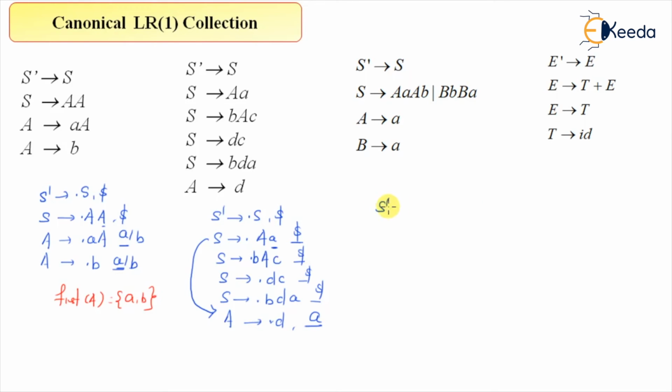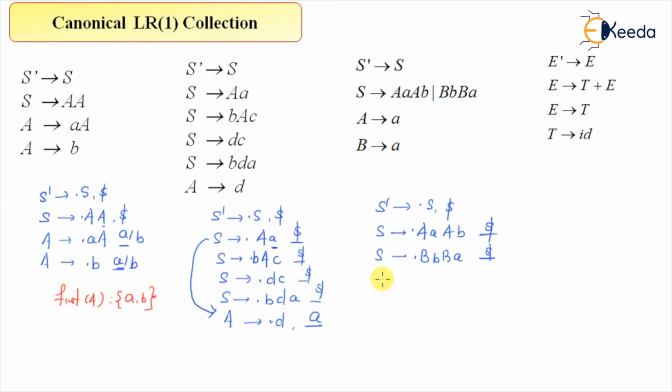Now, the next example: S' derives dot S, and I will add here dollar. Now S derives AB and S derives BA. In this case, after S again nothing is there, so I can directly write dollar and dollar, and put a dot in front of it.